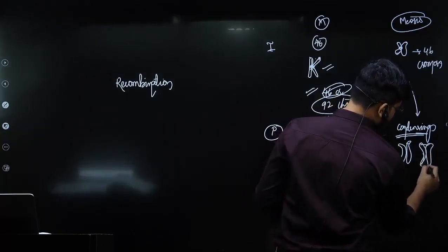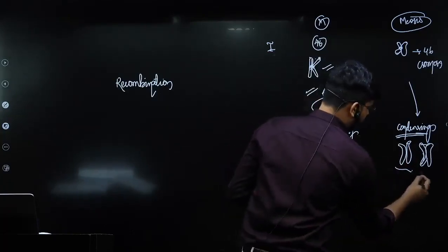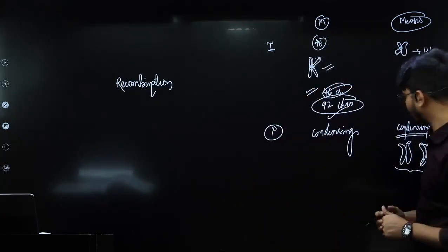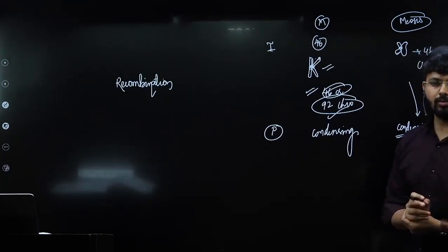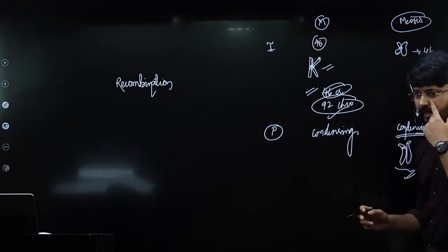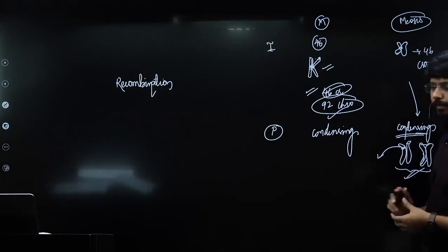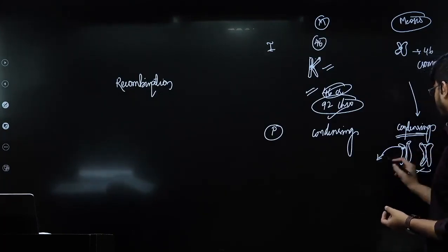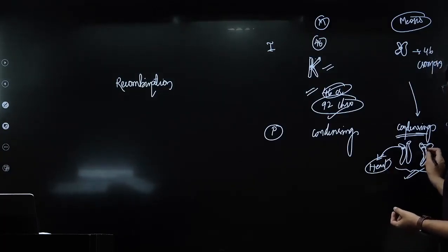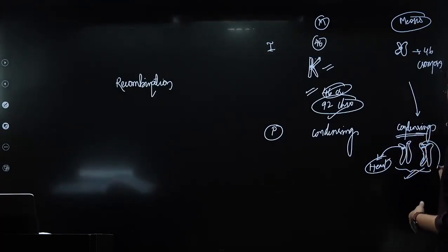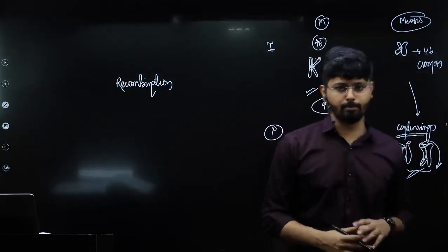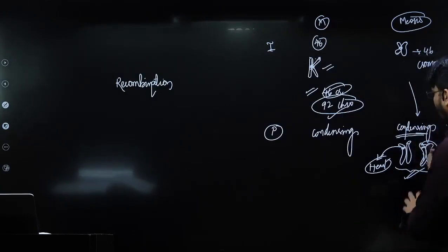The chromosomes having the same shape, size, structure and carrying the same information are known as homologous chromosomes. If the locus of a gene is for some factor, suppose it's related to the heart, how the heart should function, the same position from the mother also tells about how the heart should function, but the information may vary. Now the homologous pairing will happen.